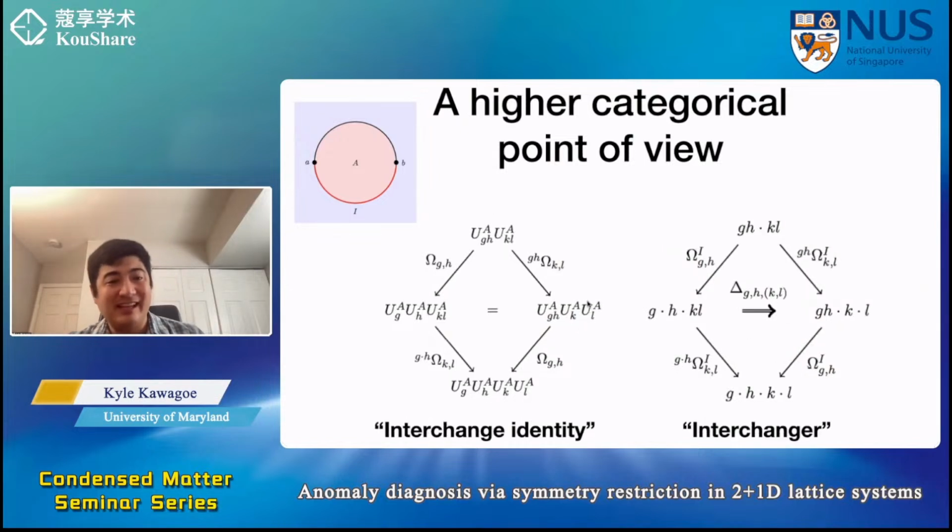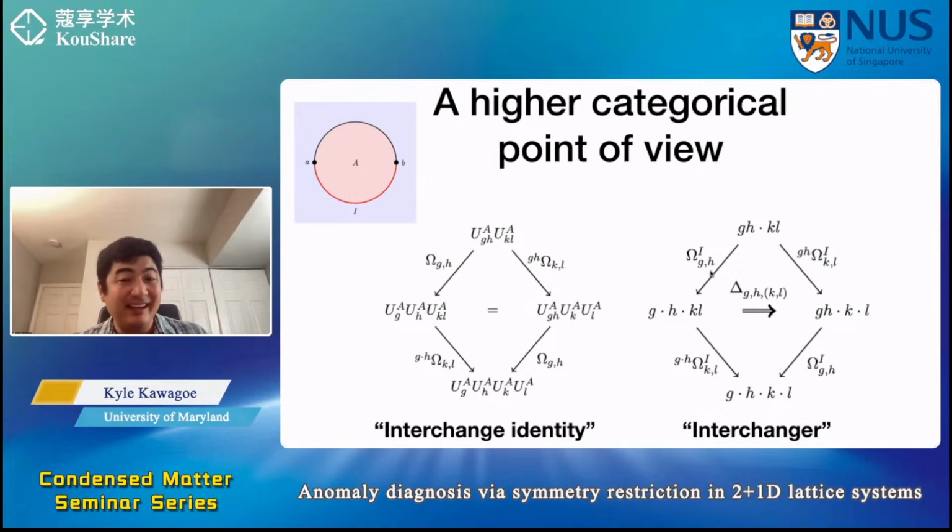And there's another one, which is sort of an interchange identity. So if you have an honest, strict 2 category, if you take GH and KL and split GH into G times H, and then split KL into K times L, it doesn't matter which order you do that in, those are the same.